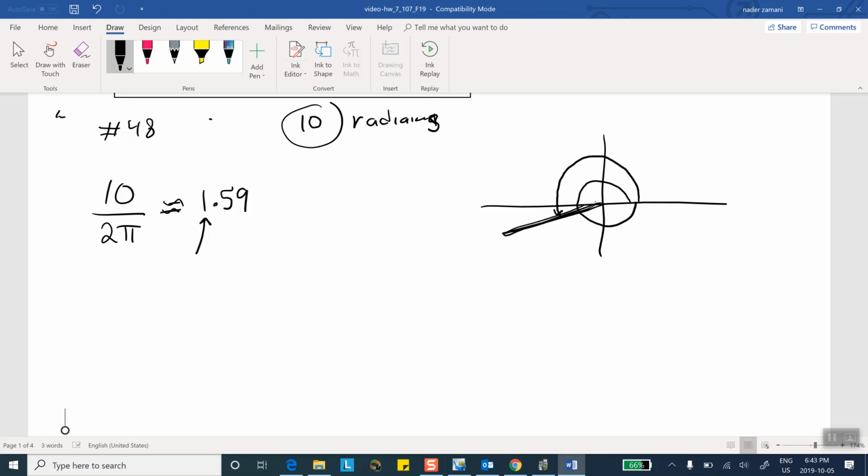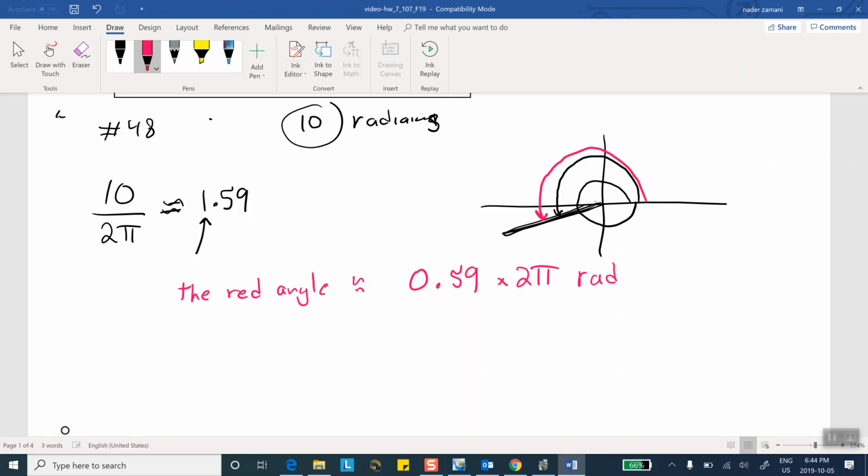If I want to know what this red angle is, it is approximately 0.59 times 2 pi radians.